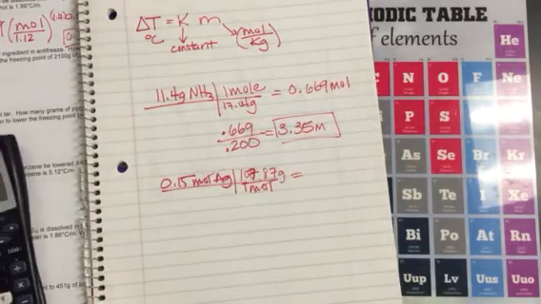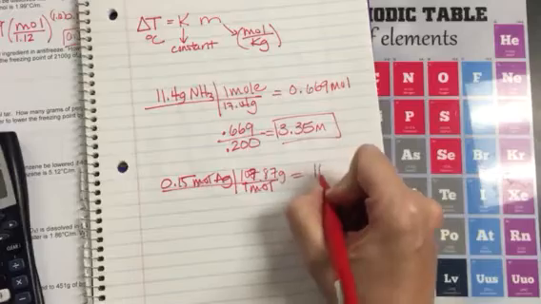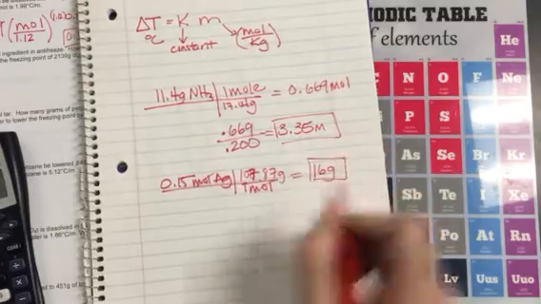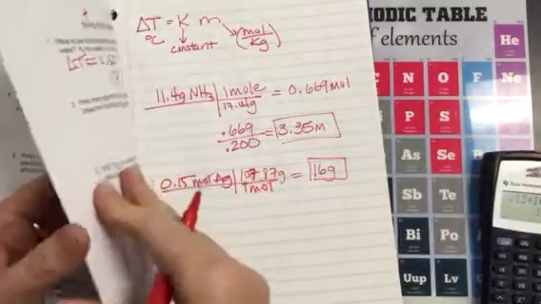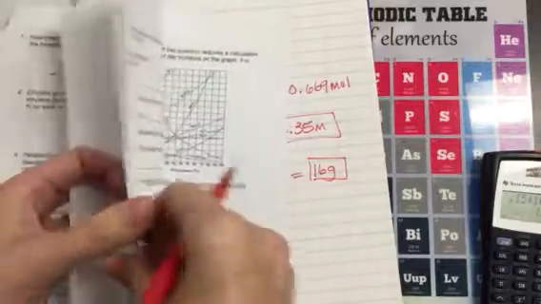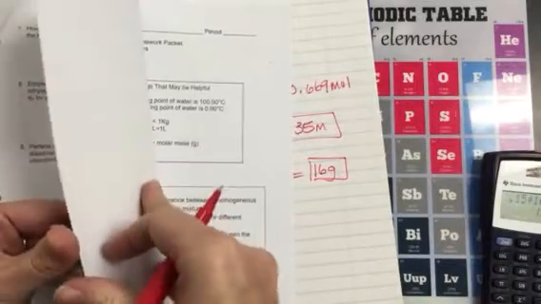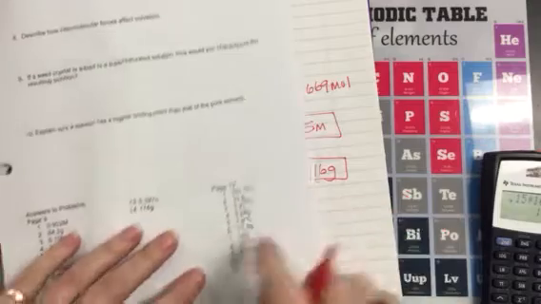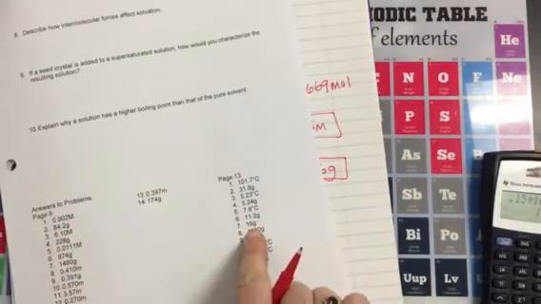Moles cancels, so we take 0.15 times 107.87. With 2 sig figs, we should get 16 grams. We'll check the answer in the back, page 13, and you should get 16 grams.